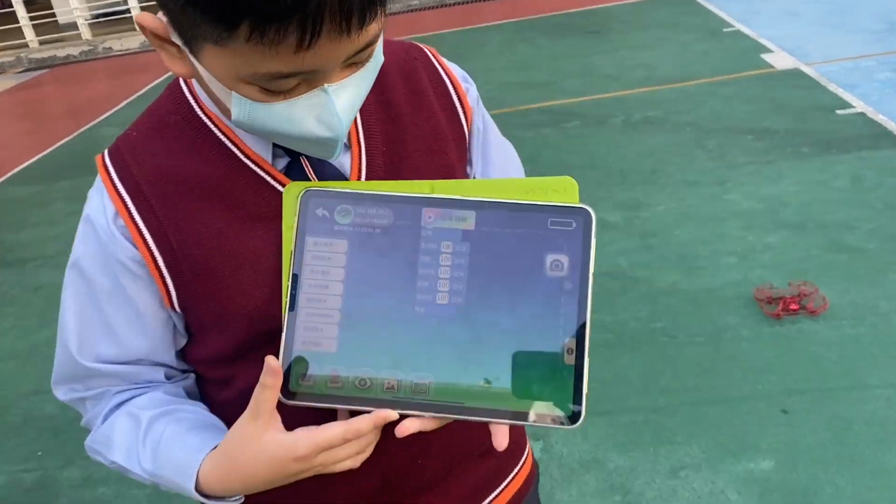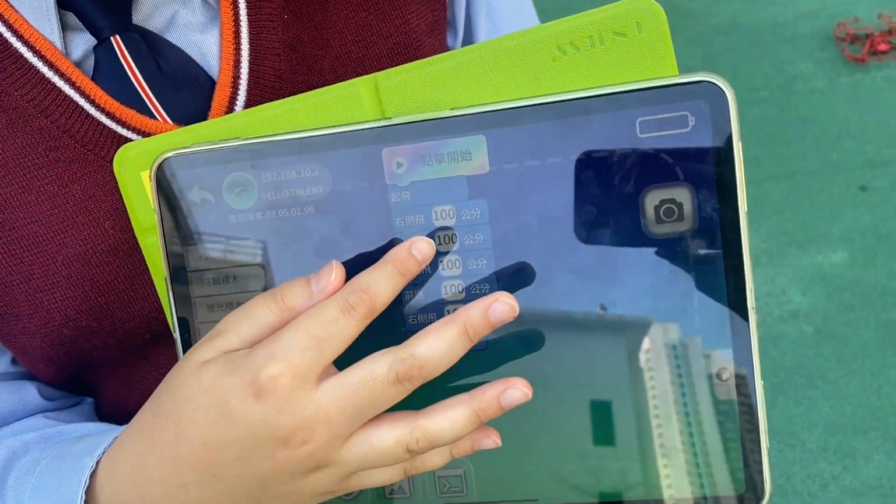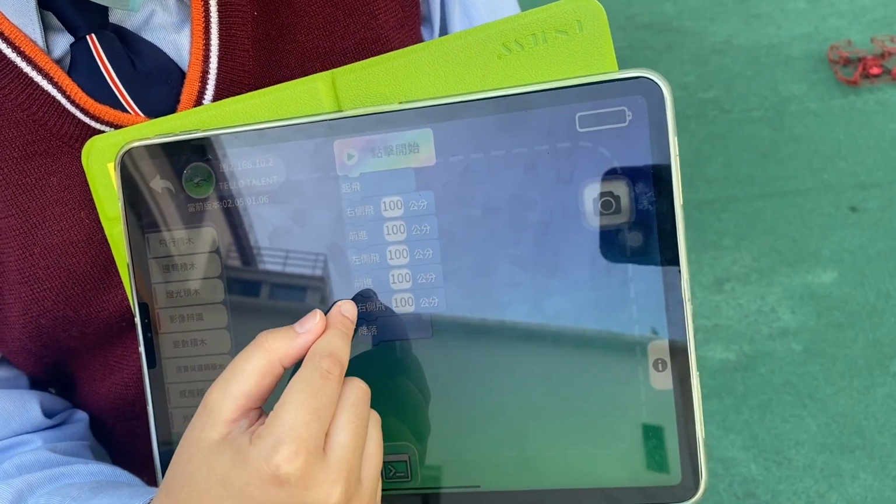Here are the blocks we use to control the drones to perform an S-path. Let's have a look.